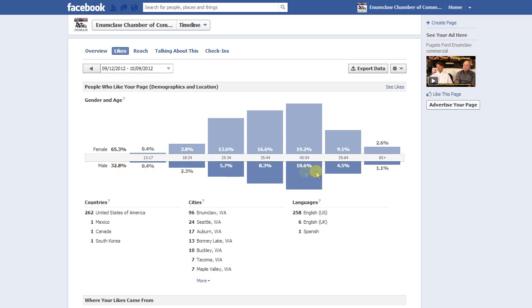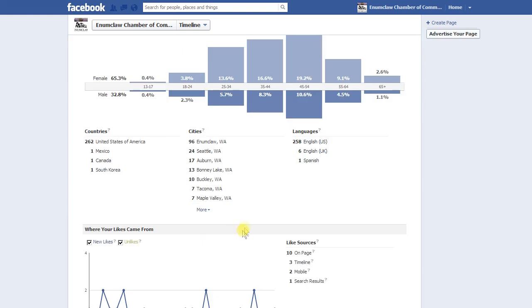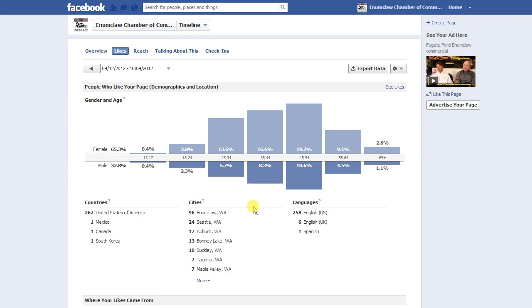So I guess that number doesn't surprise me at all. Nice distribution of age from 25 to 64 really. And then you can see the cities that they're reaching. This can be really good if you're going out for sponsorships. You can say, yes, we're headquartered in Enumclaw, but we reach Seattle and Auburn and Bonney Lake and Buckley. These are hard numbers that you can take to your members.